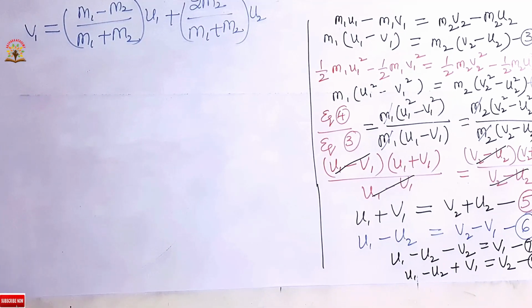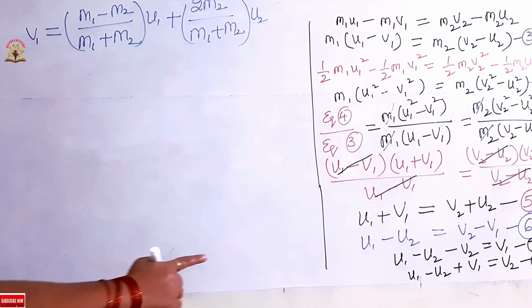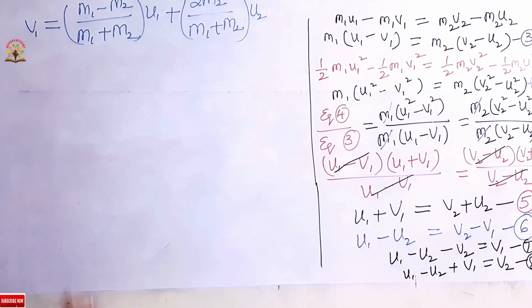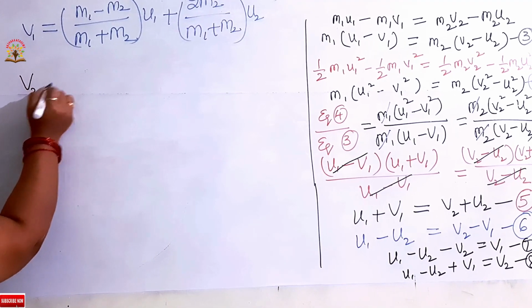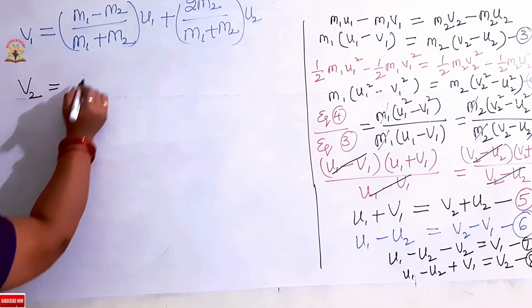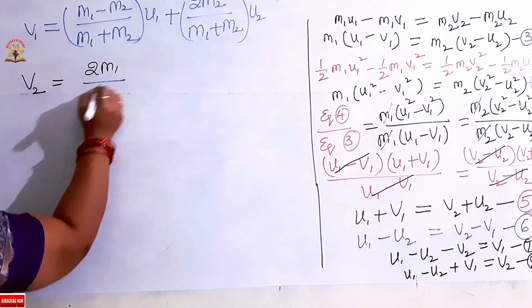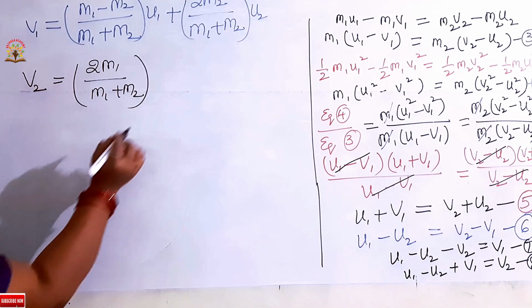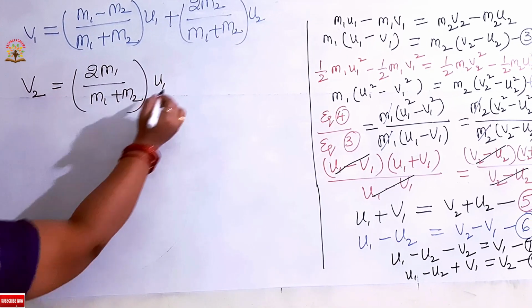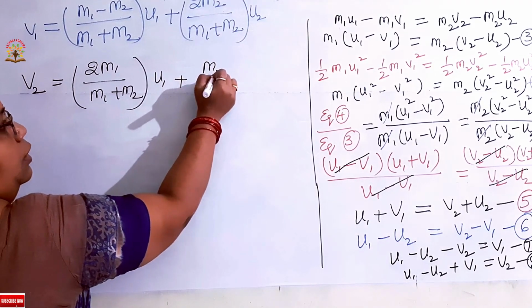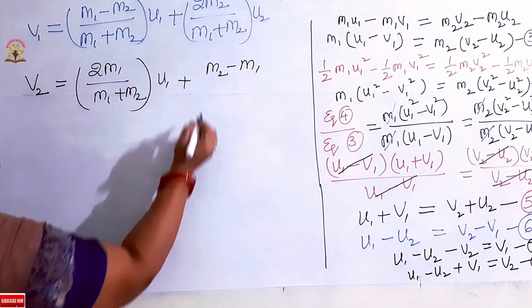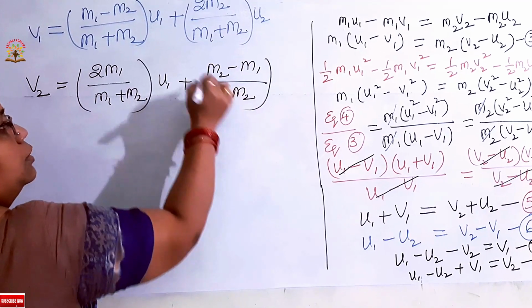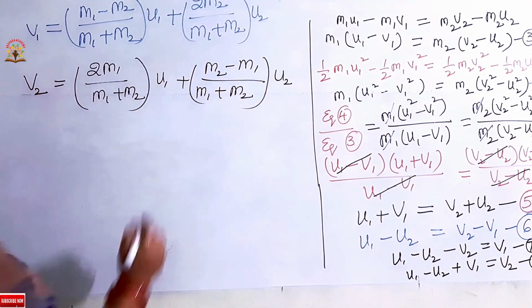Next, after substituting the value of v1 in equation 1, we get v2 is equal to 2m1 by m1 plus m2 of u1 plus m2 minus m1 by m1 plus m2 of u2.